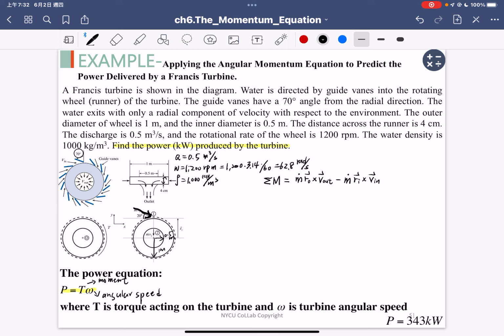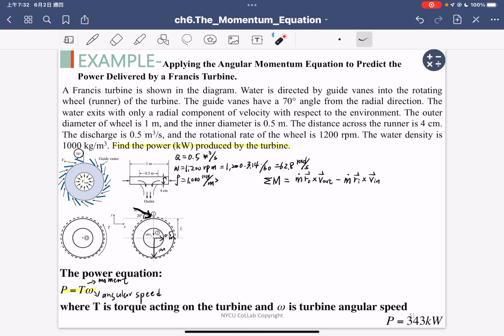For this problem, we can see where our inflow is. The inflow is in this direction, and the outflow passes through the center of the runner. So it passes through the center point, so there is no distance arm.